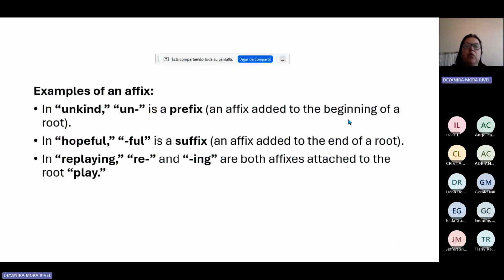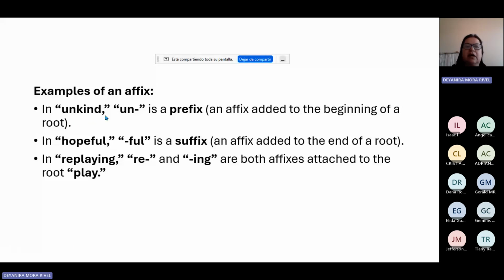Okay, so here we have more examples. The examples are very useful. So in the case of unkind, we have un, which is a prefix. It goes before the other morpheme, and it means the contrary or not, right?